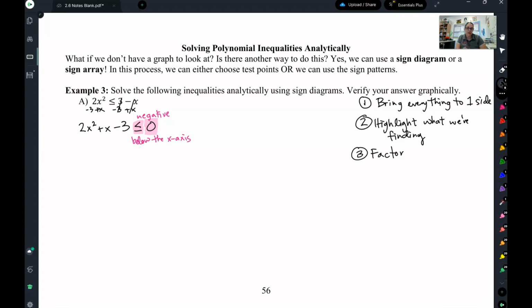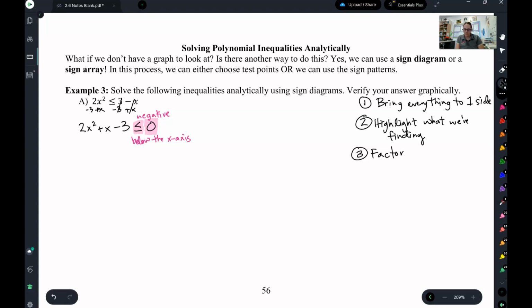Step 3 is to factor what we have. This is a quadratic, so we know how to factor that. That's good. If you can't factor it, we always have our backup of the quadratic formula. Now we know this is going to be our harder method of factoring because we have a number in front of the x squared. If there is anything in front of the x squared, that's the harder, longer factoring. If there's nothing in front of the x squared, that's where you can do the shortcut factoring.